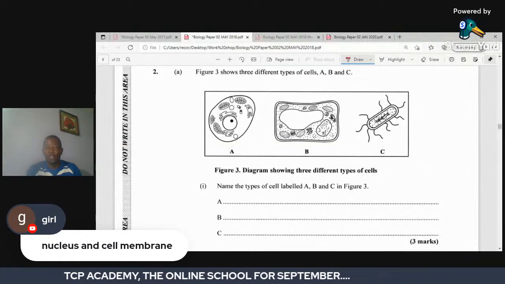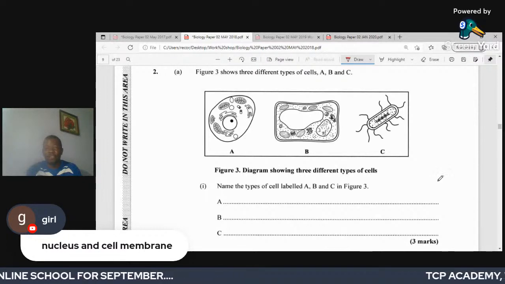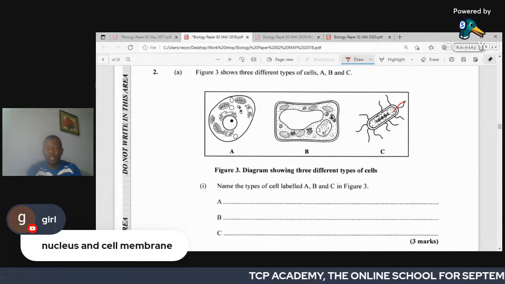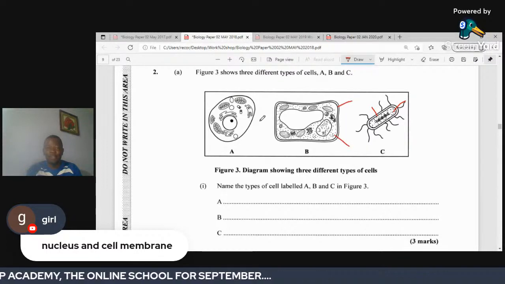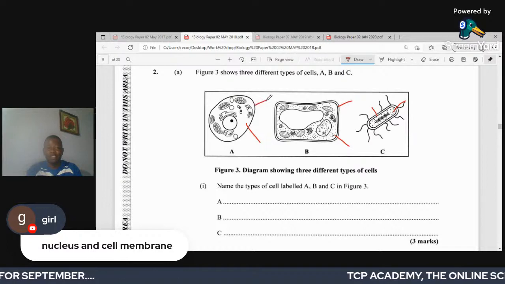If you observe, it's just a coil of DNA here, not a nucleus. And you are seeing the cytoplasm there, and the cell membrane there. We are seeing the cytoplasm there, and this, of course, is the cell membrane.